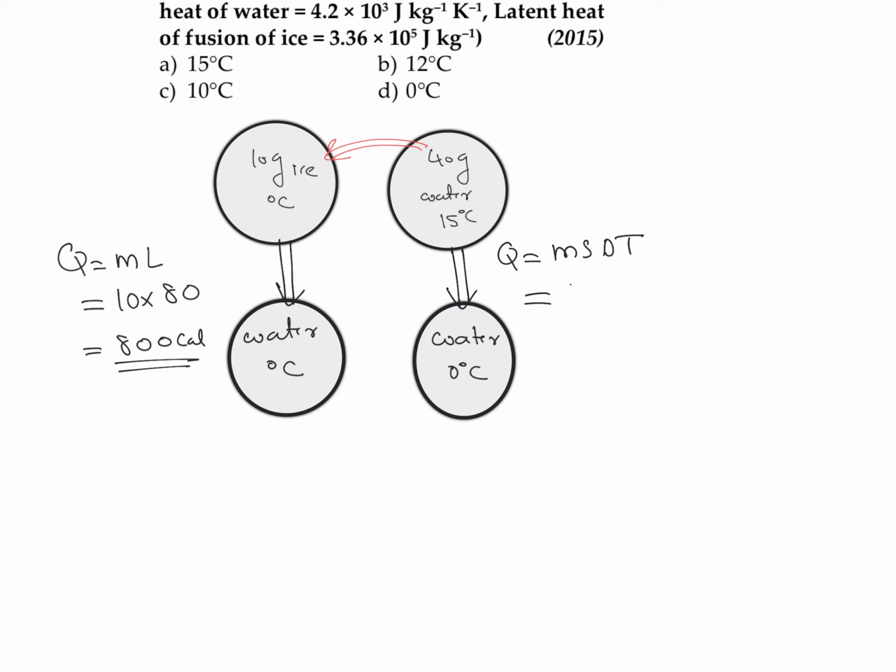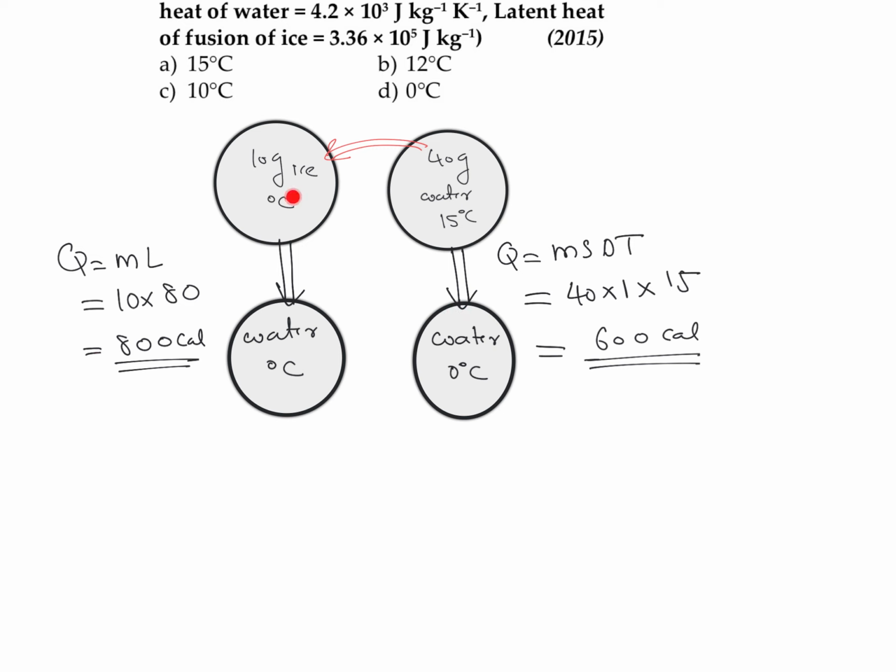So the heat energy is 40 into the specific heat of water, which is 1, into delta T, which is 15. That is 40 into 15, which is 600 calorie of heat energy required for this process, and for the other process 800 calorie of heat energy is required.